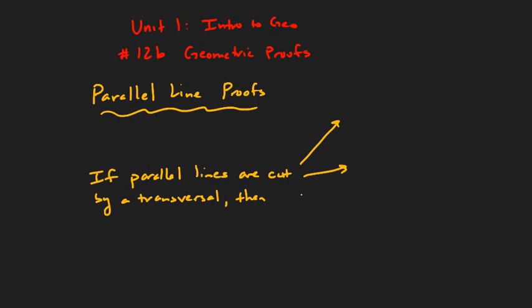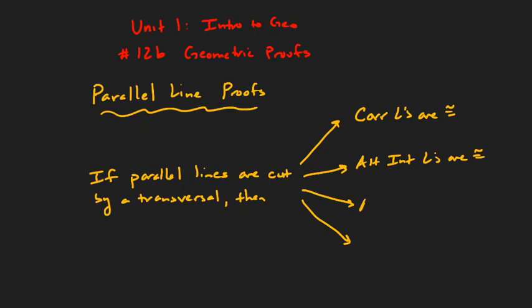First, we know that corresponding angles are congruent. We know that alternate interior angles are congruent. We know that alternate exterior angles are congruent. And the last one, a little bit different, we know that same side interior angles are supplementary.